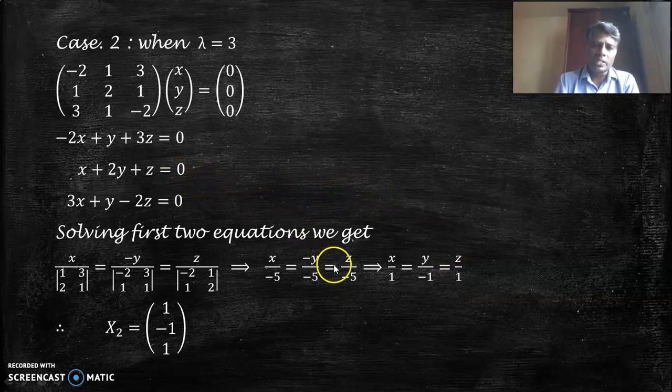So these are ratios. You can take any one value for these. I mean that 2, minus 2, 2 also satisfies this equation simultaneously. So this is a homogeneous equation. This is the non-trivial solution for the homogeneous equation that is called the eigenvector.